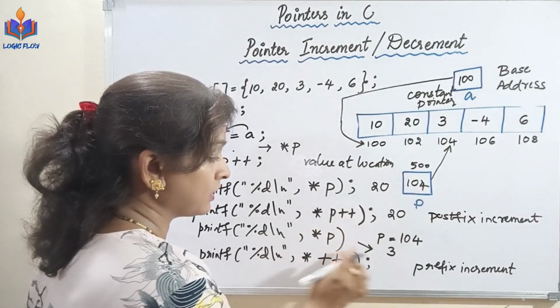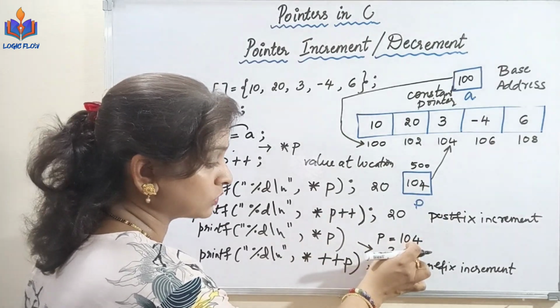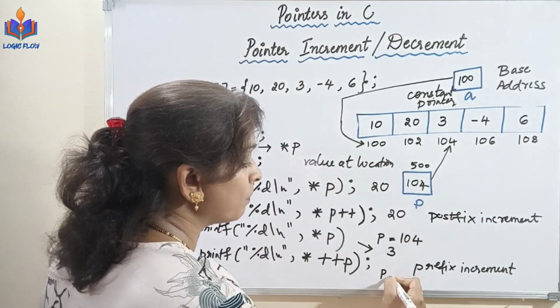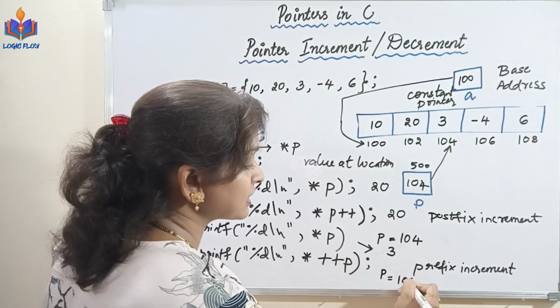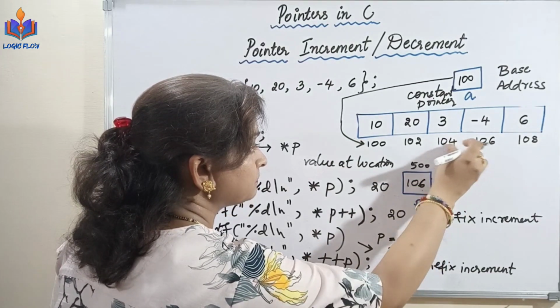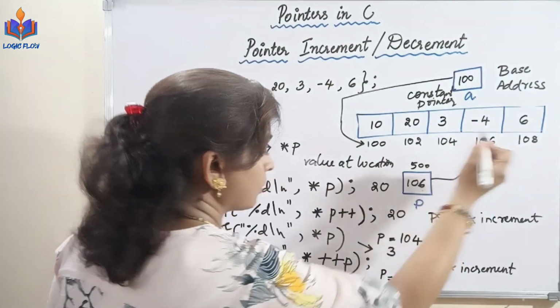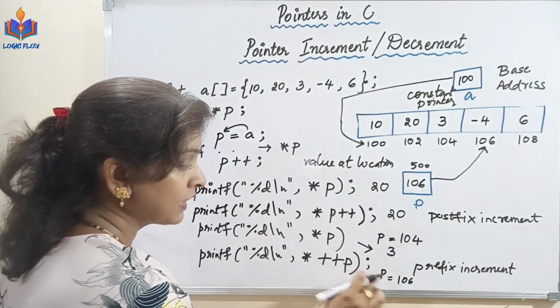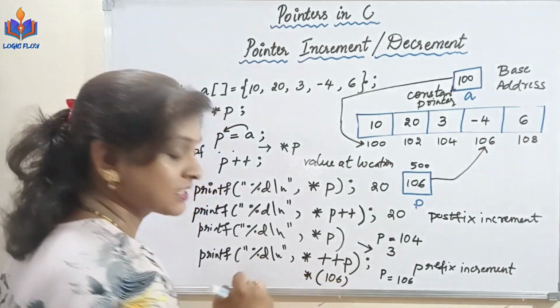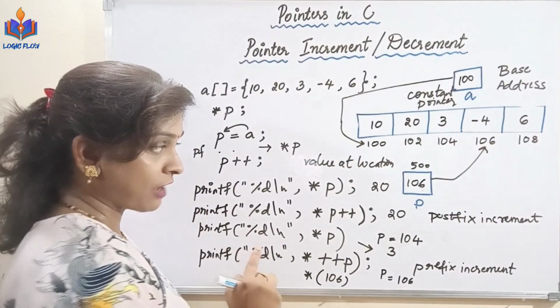So now P was 104, and now it gets advanced to the next location. The P value becomes 106. So now it is pointing to 106. Do the incrementation. So here it means asterisk 106. Observe this carefully.